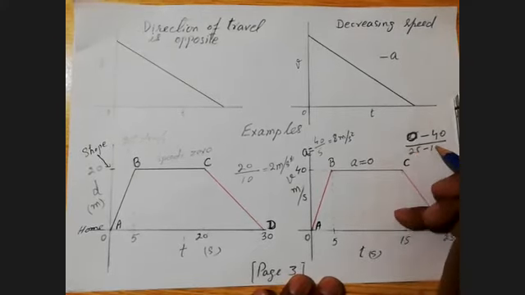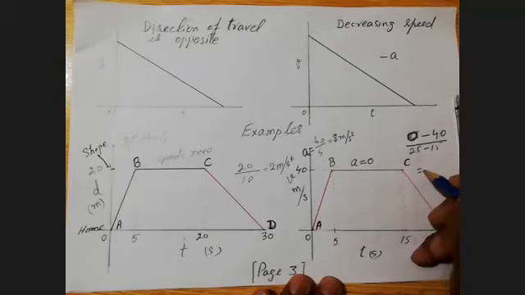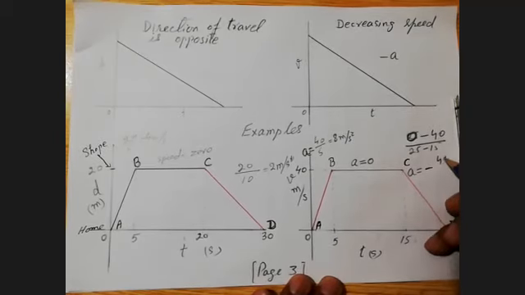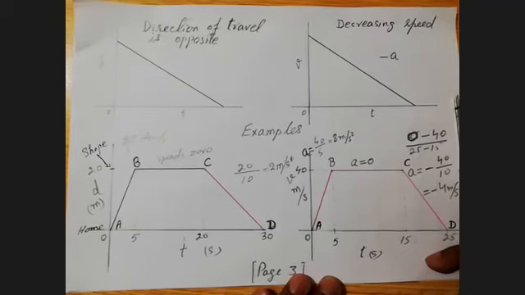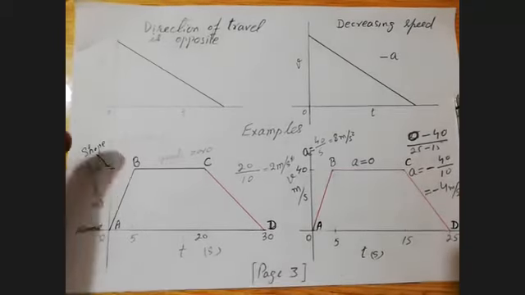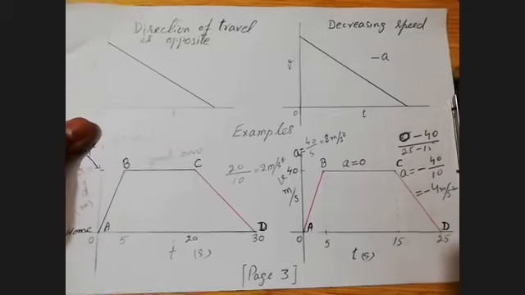So the answer for the acceleration will be minus 40 over 10. So here you can see that the acceleration is minus 4 meters per second squared. This will be the acceleration, which is negative acceleration.